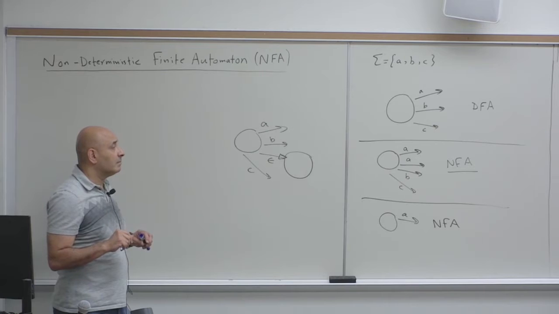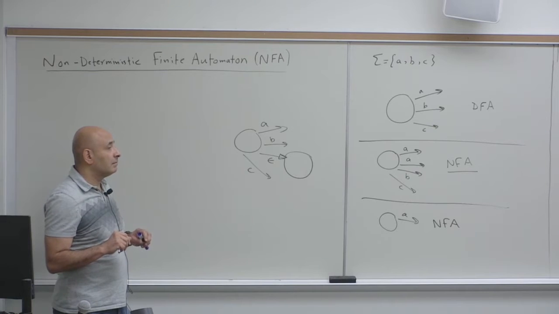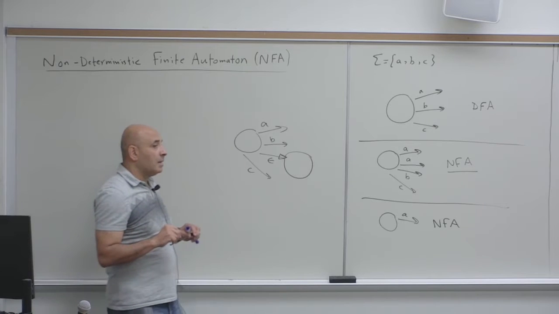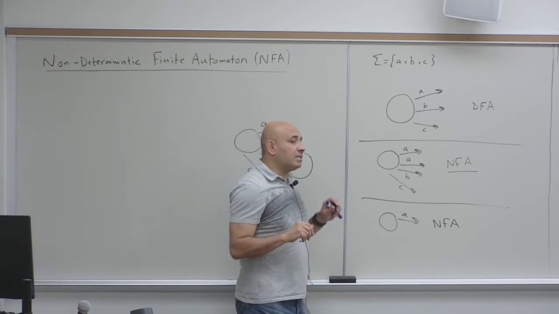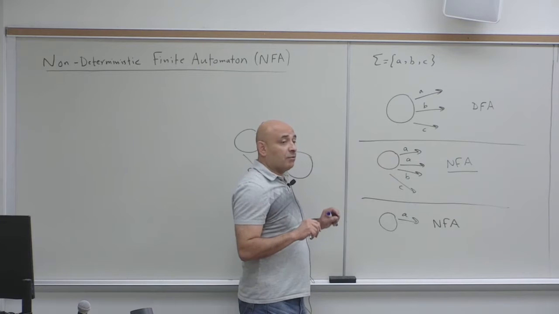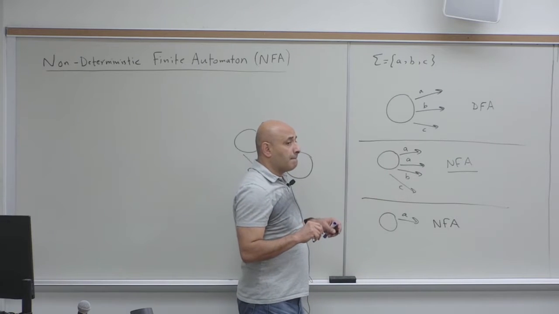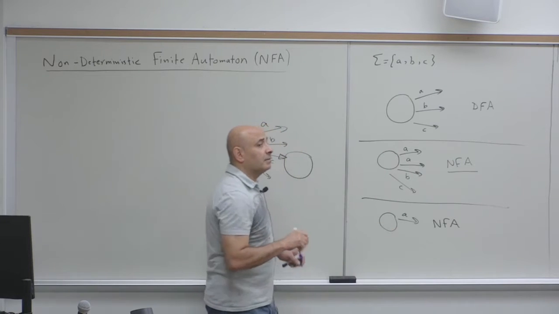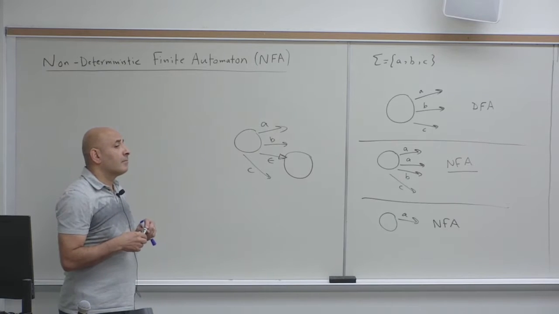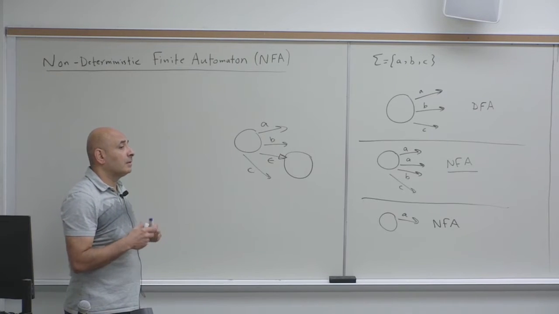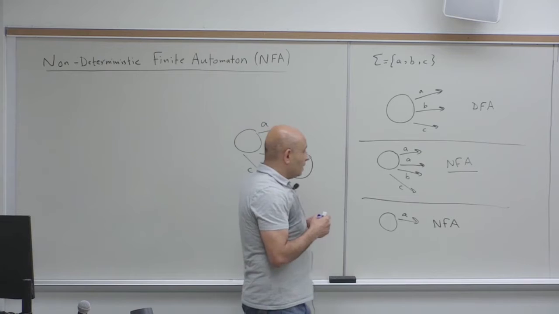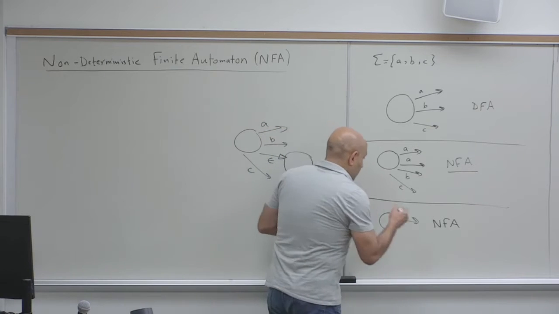Yes? I don't understand how the second one is a non-deterministic finite automaton. Well, like I said, when we see the example, you'll see. For now, just... No, not that one, the one below it. Oh, this? There's only one path going on A, just like a deterministic finite automaton. I don't know why it's non-deterministic. Okay.